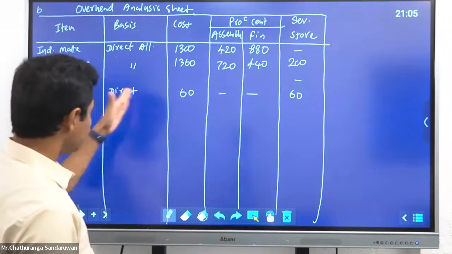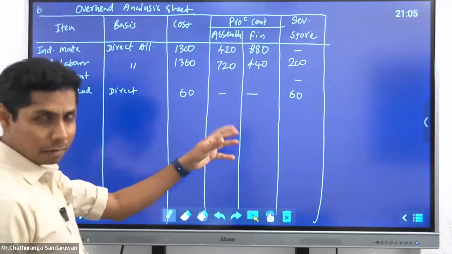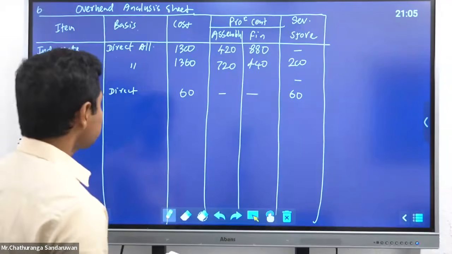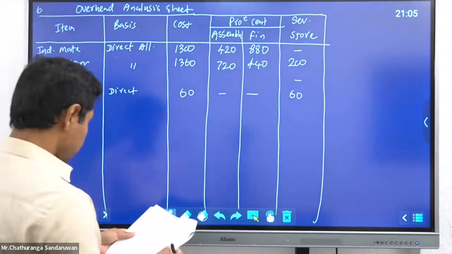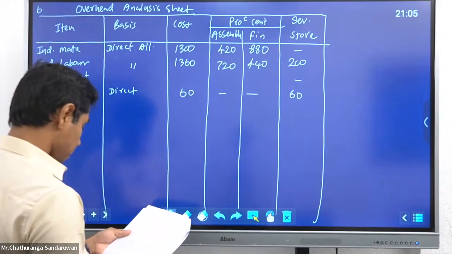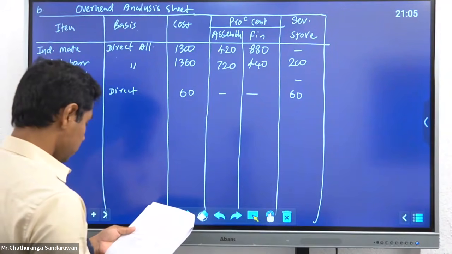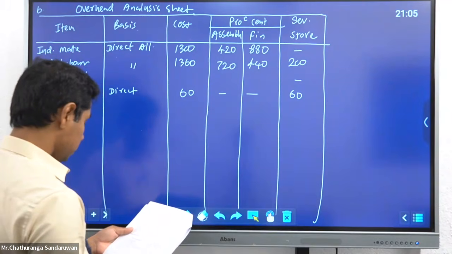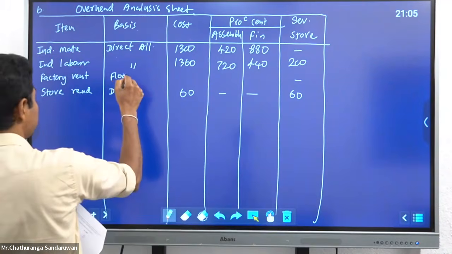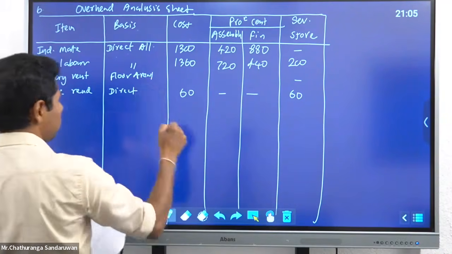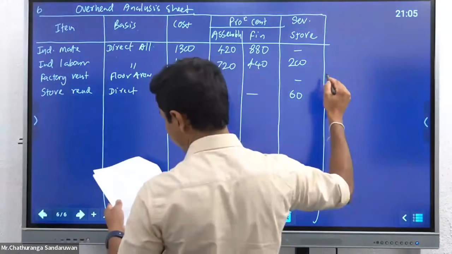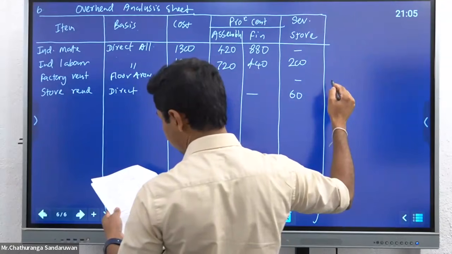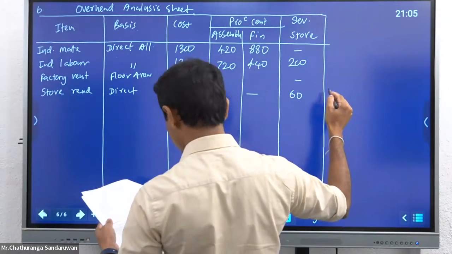Now as the store rent is separately given, let's assume initially, if not we will change, this factory rent is applicable only for the assembly and finishing, right? So based on the floor area, let's apportion it. Factory rent is 270.